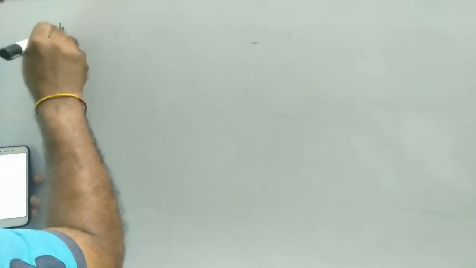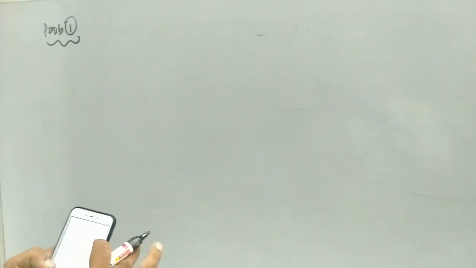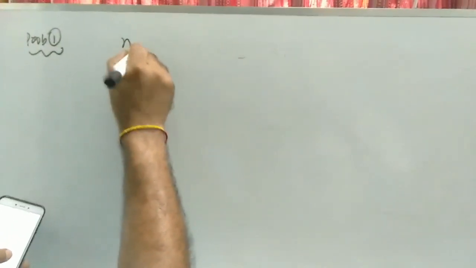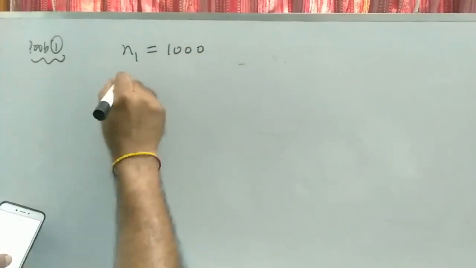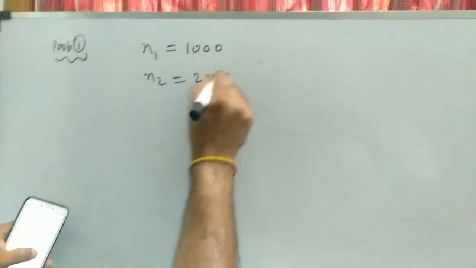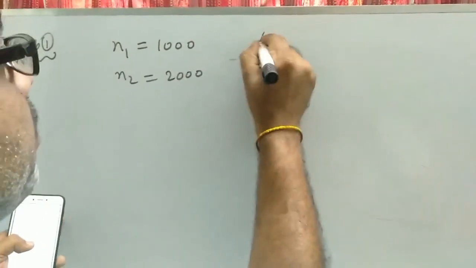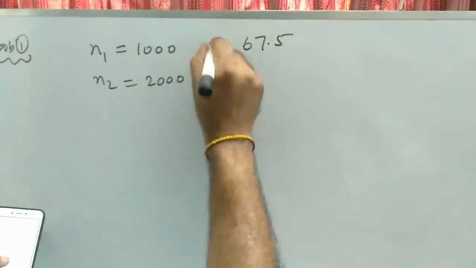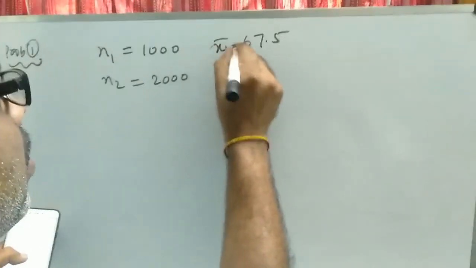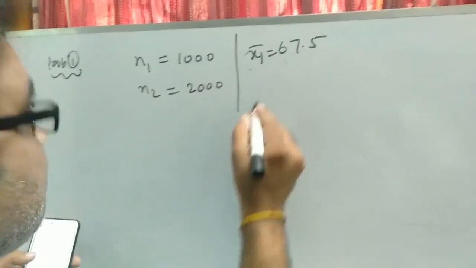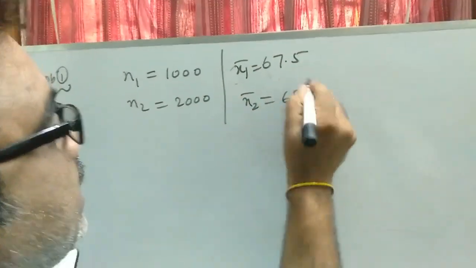Problem number 1. The means of two large samples of sizes 1000 and 2000 members, here given n1 is equal to 1000 members and n2 is equal to 2000 members, are given 67.5 inches, that is x1 bar, the first sample mean, and 68 inches, x2 bar is 68 inches.